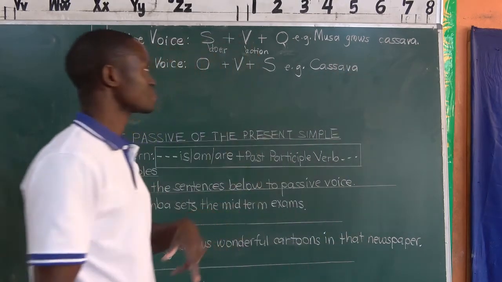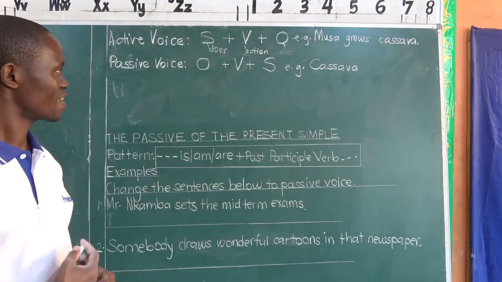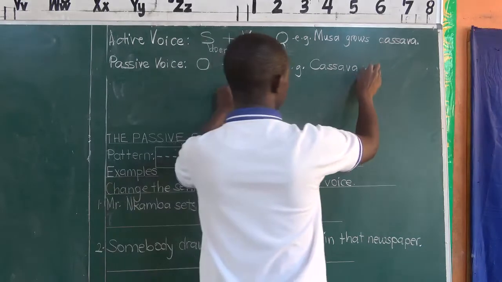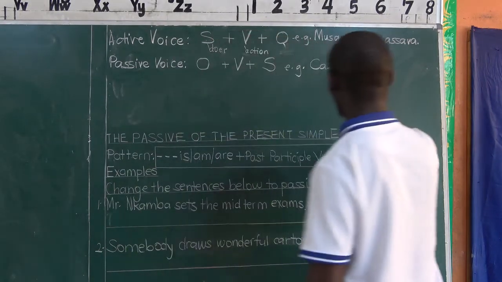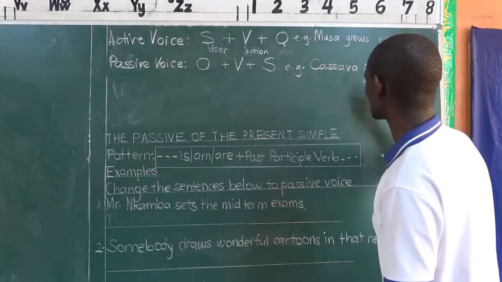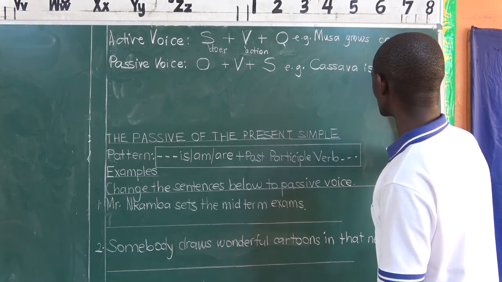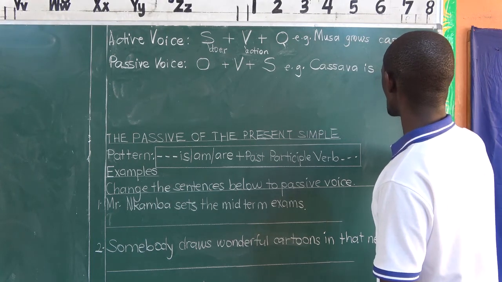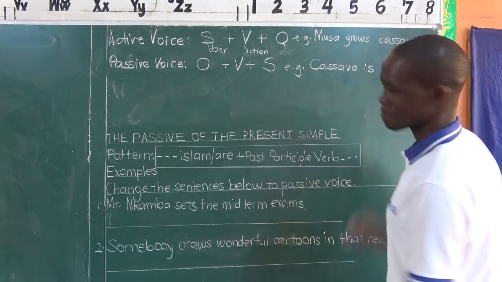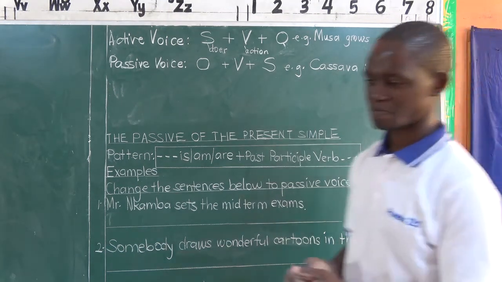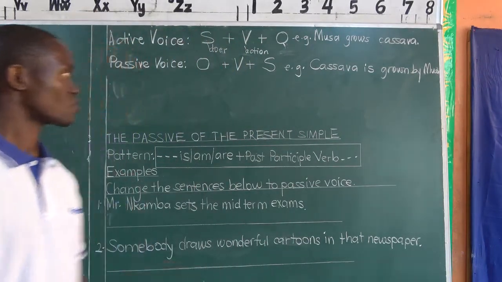By this time, the verb comes with another verb inside, and that is the helping verb. Because cassava, being food, is uncountable, we use is. Cassava is grown by who? Musa. Briefly, this is the introduction we deserve to the passive voice of the present simple tense.